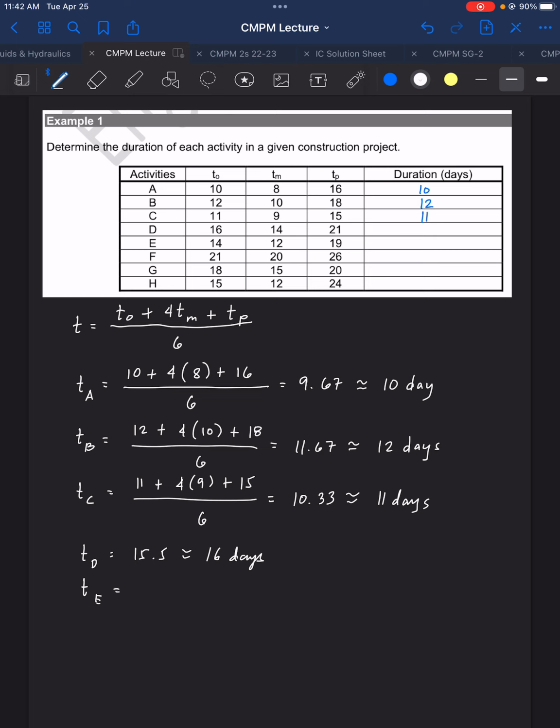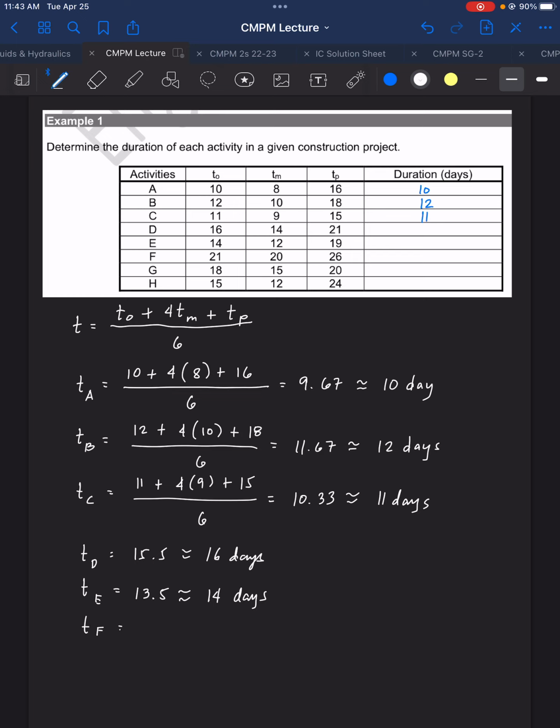Time E. So time E now is 14, 12, and then 19. That is 13.5, and that is 14 days.